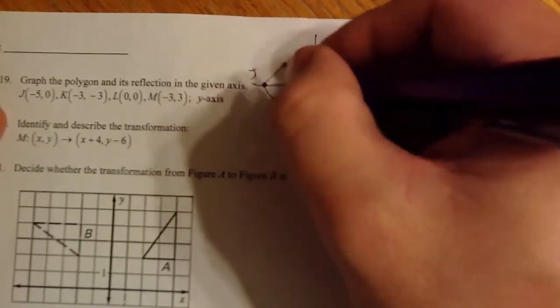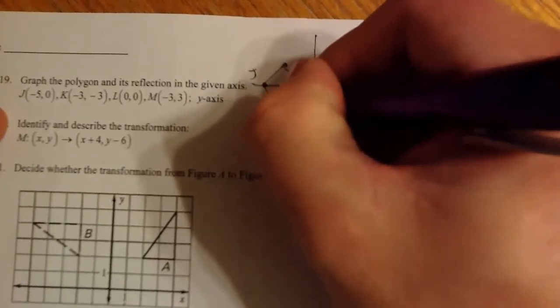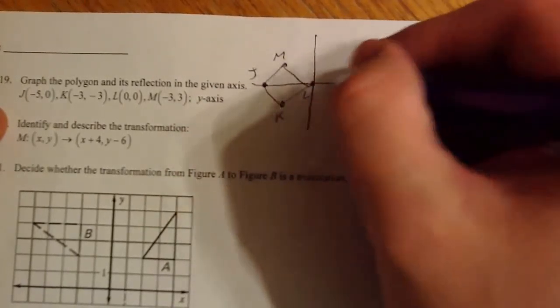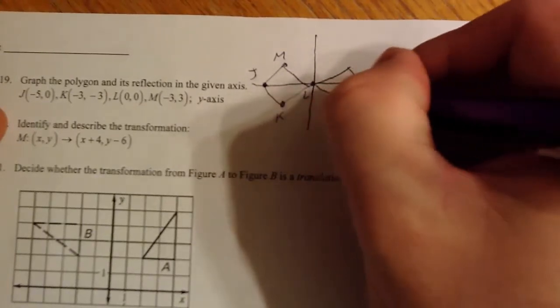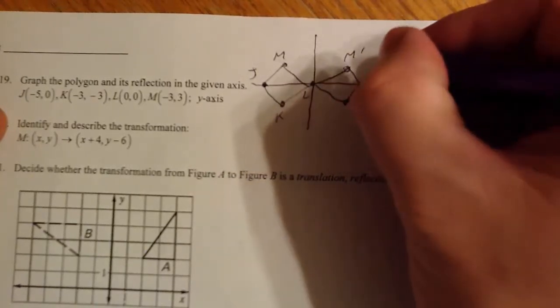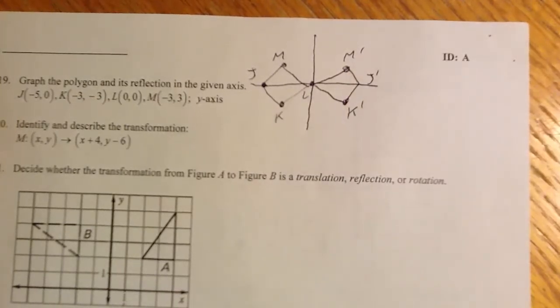So J. That's L. K and M. And then reflecting across the axis, it should look like this. Kind of rough sketching it a little bit. If you have some graph paper, it should look a lot nicer. And that would be a little bow tie looking shape.